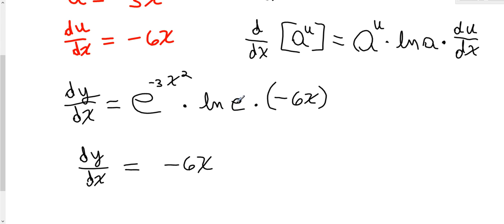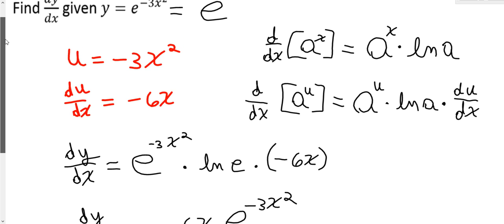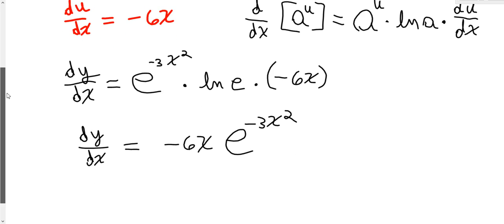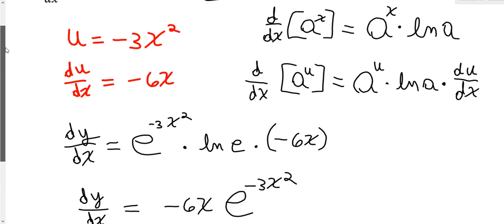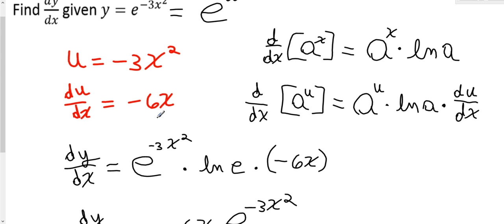The natural log of e is 1, that's just 1, multiplied by e to the negative 3x squared. So that would be the derivative of e to the negative 3x squared. And that is the general exponential rule. It is just the chain rule version of the simple exponential rule.